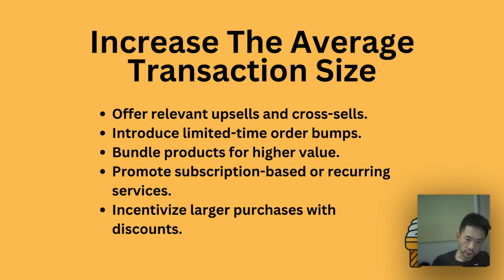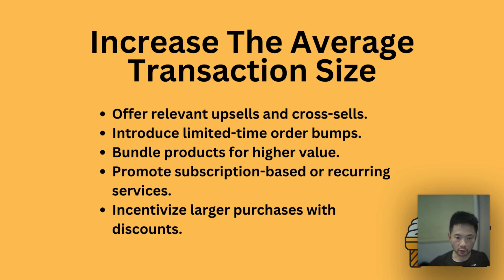The third way to scale your business is very straightforward: just get customers to spend more during the purchase. Let's take an example of a carpenter who sells furniture. When a customer orders, say, a dining table, the carpenter could offer upsells, for example chairs or a matching side table.